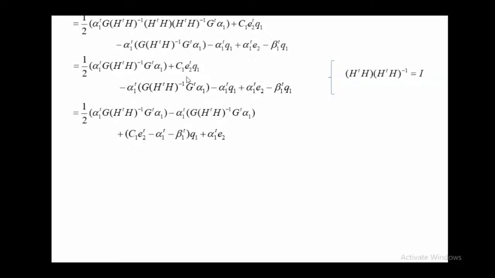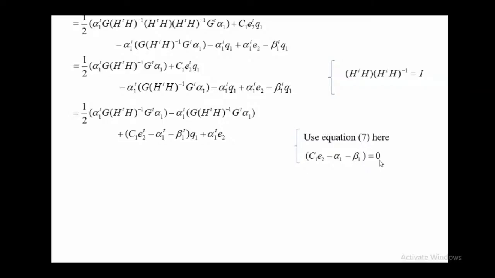E1 I am just taking out, plus this alpha 1 transpose E2. We already know from the previous slide that when we take the derivative with respect to Q1, we get C1 E2 minus alpha 1 minus beta 1 is equal to 0. So this whole term will become 0.